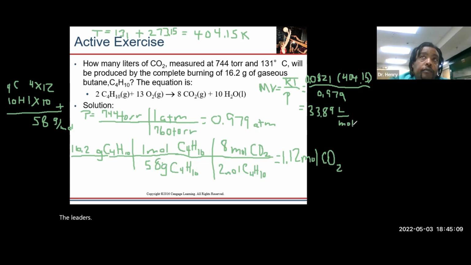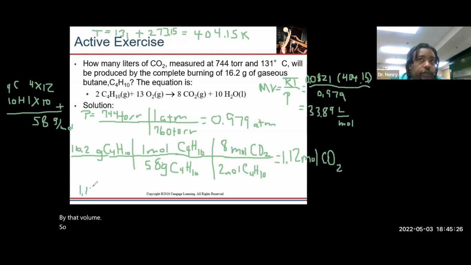Okay, so then we could just multiply our number of moles by that volume.